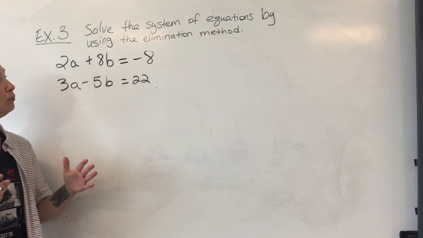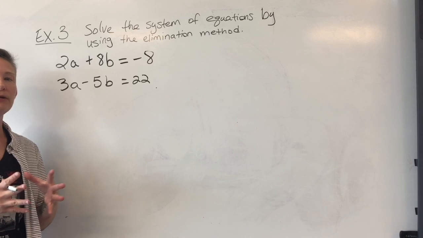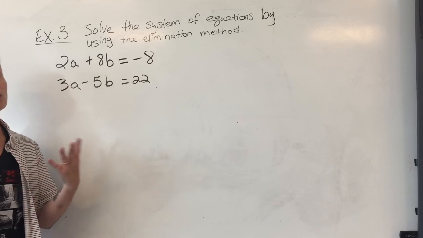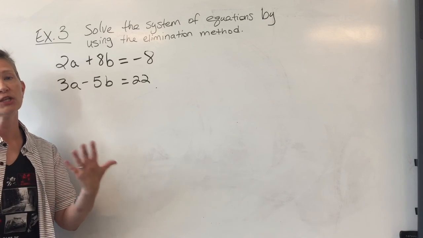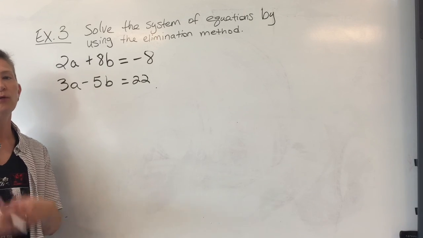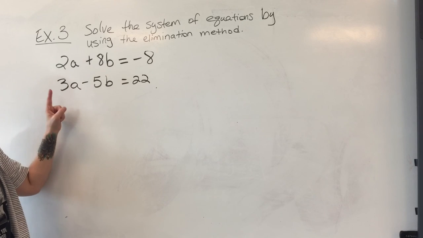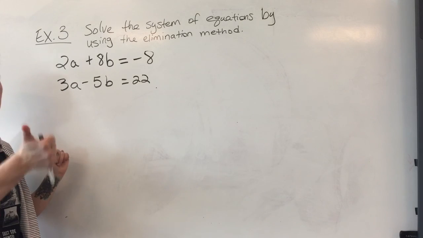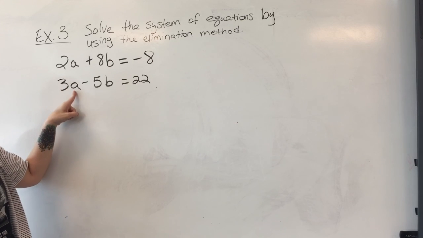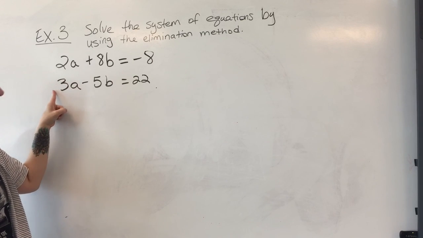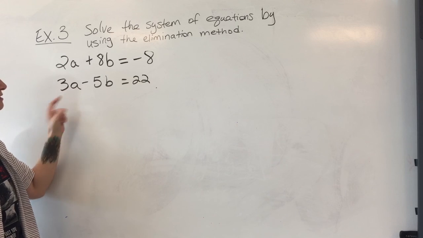Next example, we're going to solve this system of equations by using the elimination method. So one thing I'm going to do before I just jump into the problem is look and see what's going on, what I have, and what my plan is going to be. So remembering that we want the same coefficient and opposite signs, let's take a look. On my A term, I have the same sign and different coefficients.